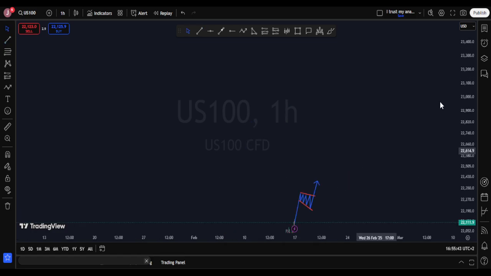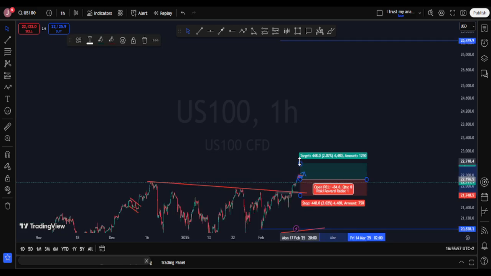When I have something like this, let me go to the 4 hour and then we'll go back to the 1 hour time frame, because I also want to explain something in detail. Stop loss just below there. All right, let's go back to the 1 hour.